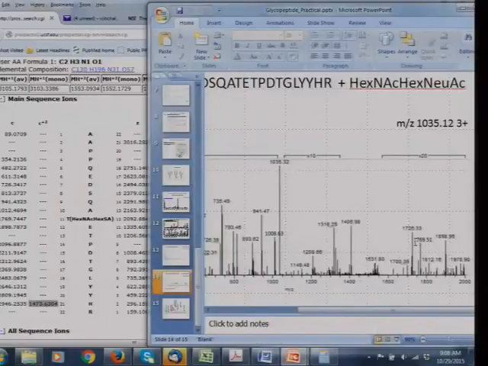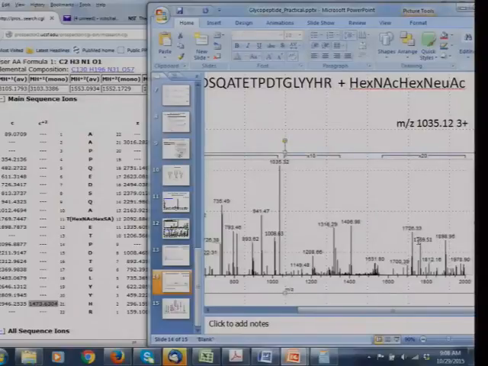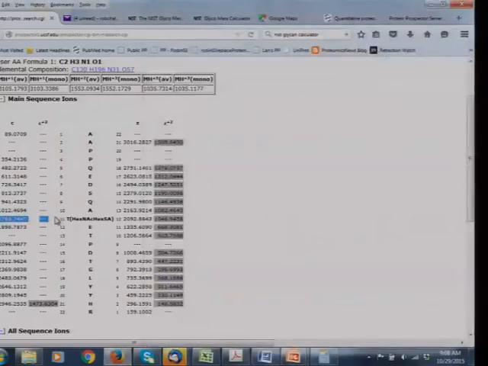Okay, so we have a 1769 here, which corresponds to this C ion with the hex NAC, with the whole sugar structure attached. So that ion is telling us that it's on this first threonine and not on the second threonine.